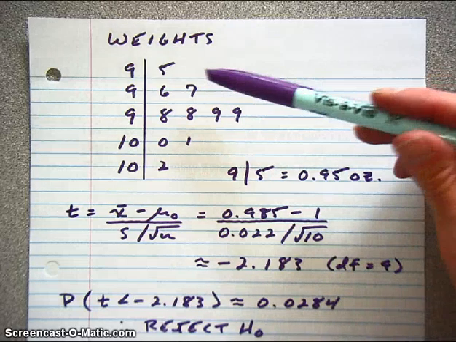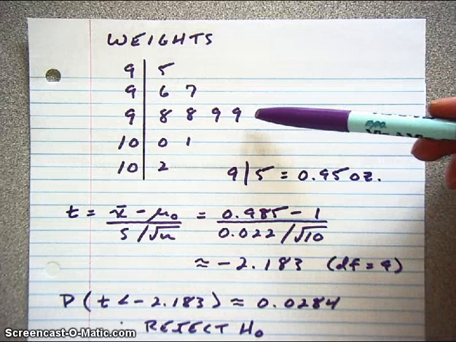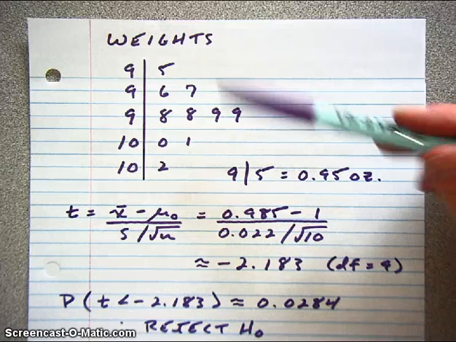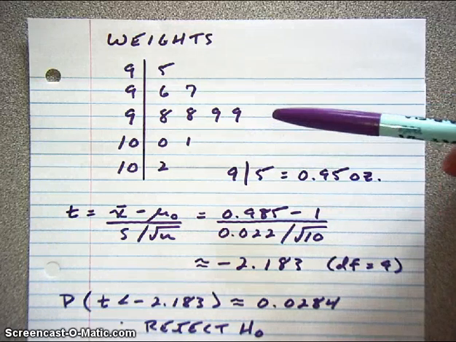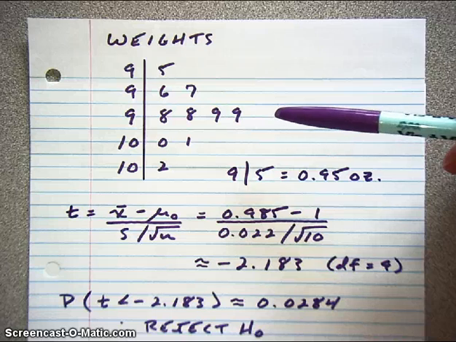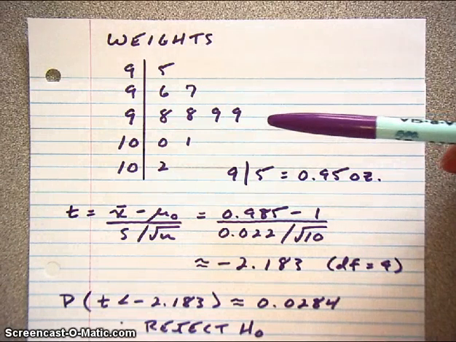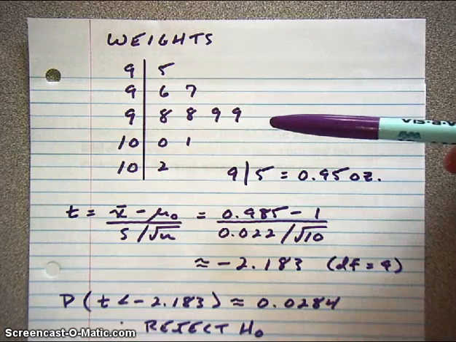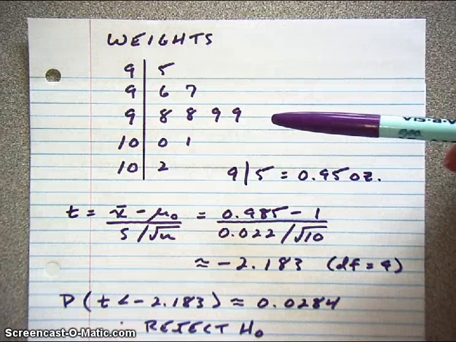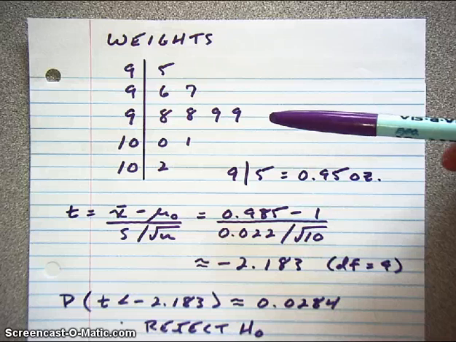The distribution of the sample weights is symmetric, single-peaked, free of outliers, and so you could argue that these data come from a normal population without knowing for sure that they do. Okay, so that second condition is met based on how the data look. When you're looking at the data, the stem plot is usually the best, easiest way to graph the data if you are working with a small sample. You could use a modified box plot to see if there are any outliers.